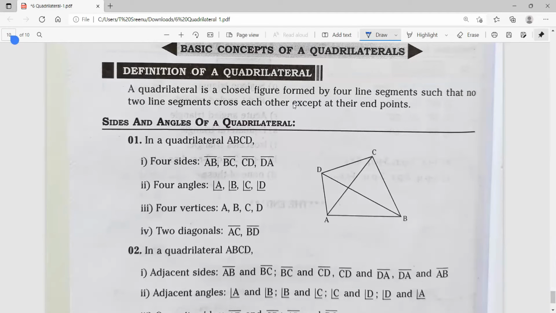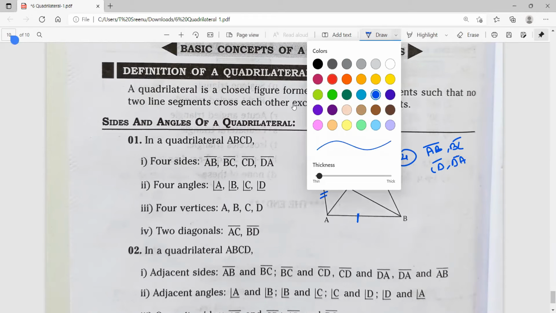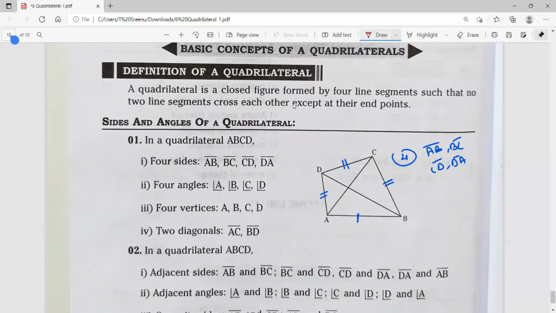See here, there are line segments AB, BC, CD, and DA, formed by four line segments. Then we have the diagonals, which join opposite vertices. Here A, B, C, D are called vertices.